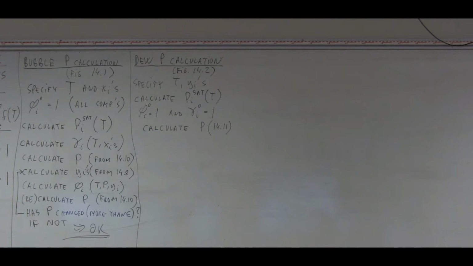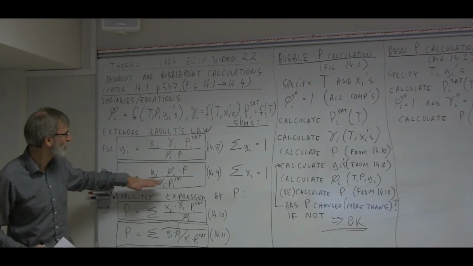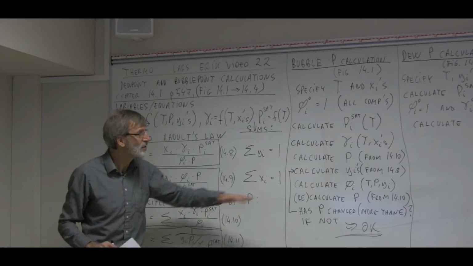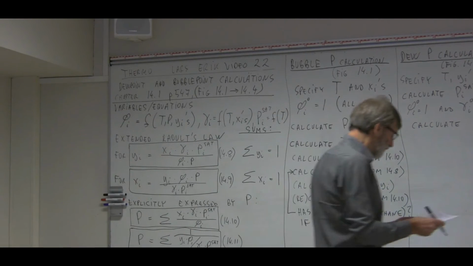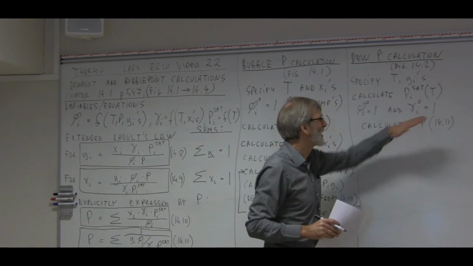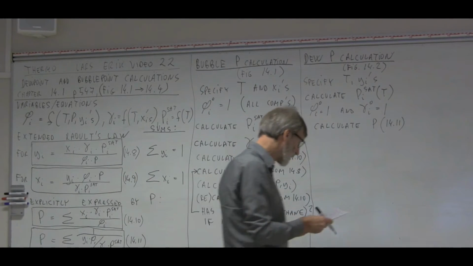The pressure is the sum of 1 over y times the fugacity coefficient divided by the activity coefficient and the saturation pressure. This equation is a consequence of a combination of an extended Raoult's law and a summation equation. But we have so far assumed that the fugacity coefficients and the activity coefficients are 1.